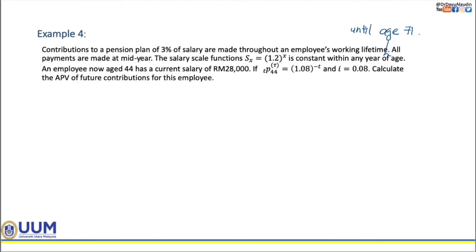The salary scale function is s_x equal to 1.2 to the power of x, constant within any year of age, and the employee now aged 44 has a current salary of 28,000. If t p 44 tau is equal to 1.08 to the power of negative t and the interest rate is 0.08, calculate the APV of future contributions for this employee.